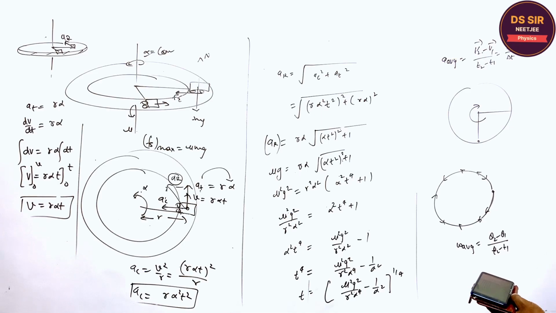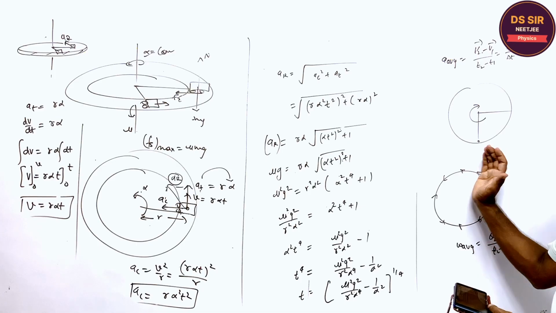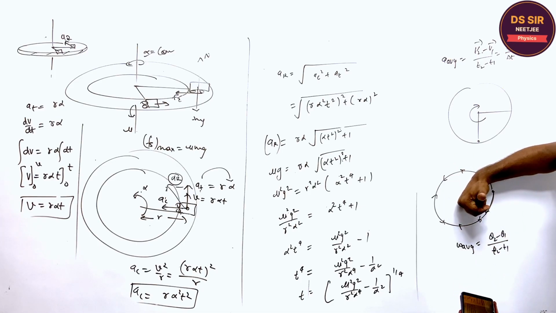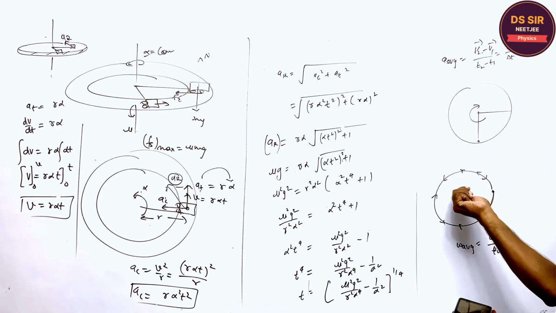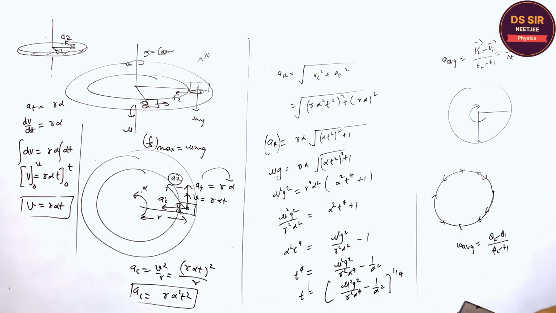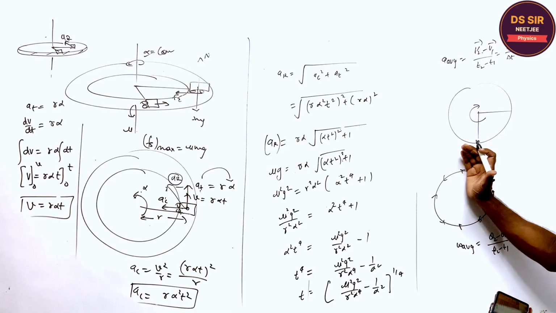So what is the total angular displacement in this case? You tell. The initial angular displacement is 2 pi in this direction, and then it moves in the other direction.